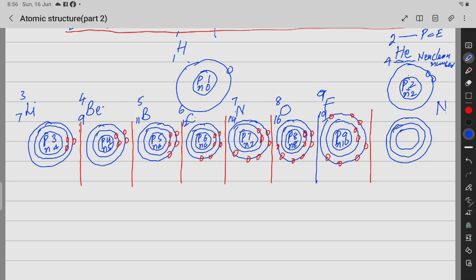This is neon, 10 and 20: nucleon number 20, proton number 10, protons are 10, neutrons are 10, the first shell has 2 electrons and the second has 8 electrons.